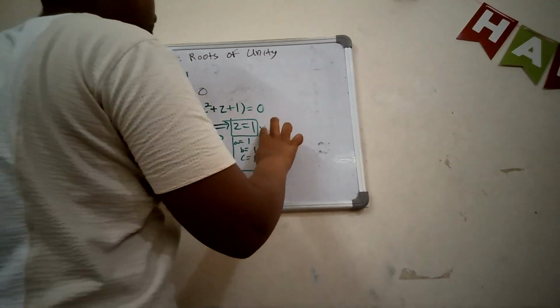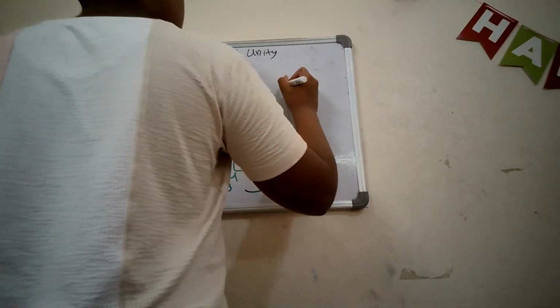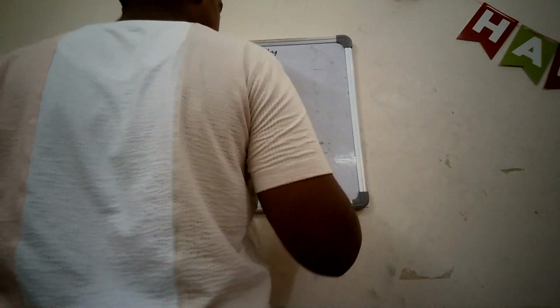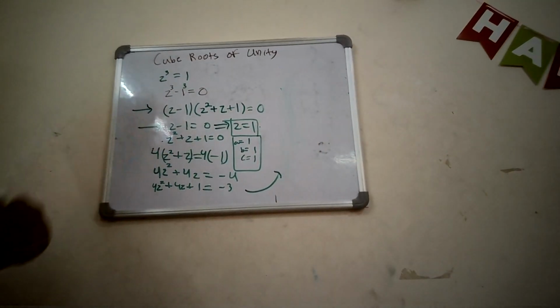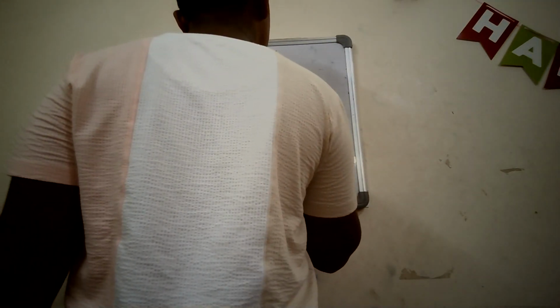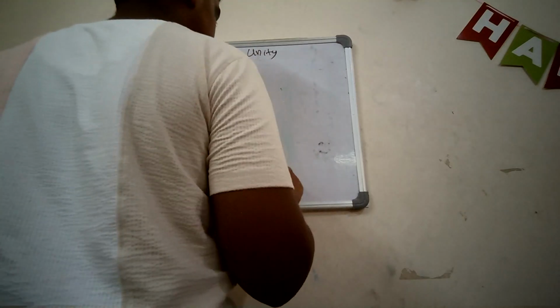Alright, so now let's put an arrow, not too big, just right here. So now we could factor this, 2 into z. I should write it here, a little higher, I think.